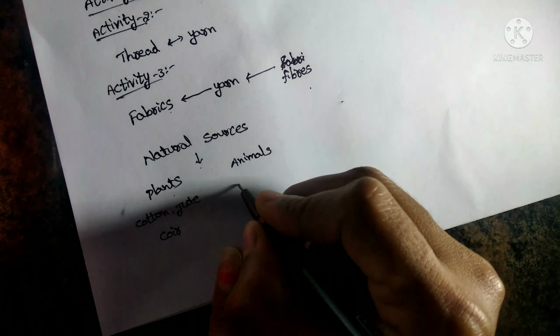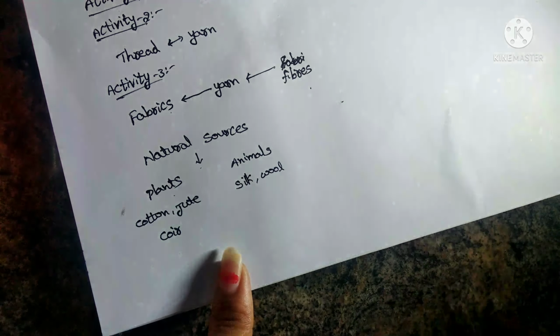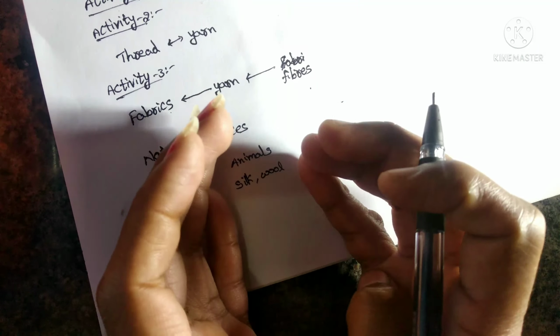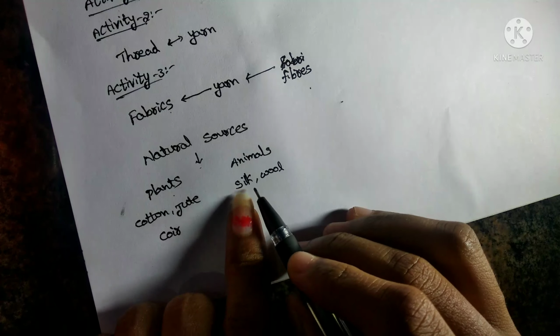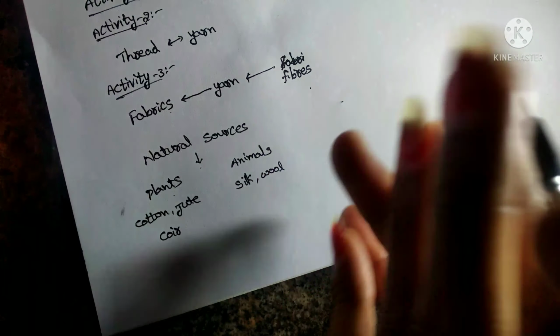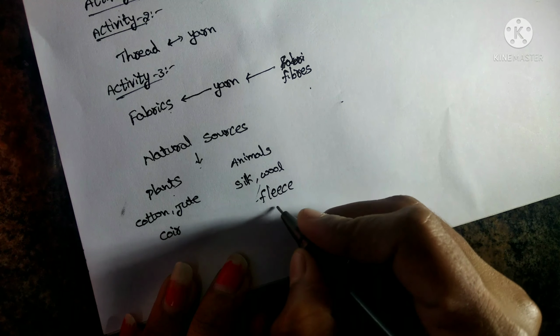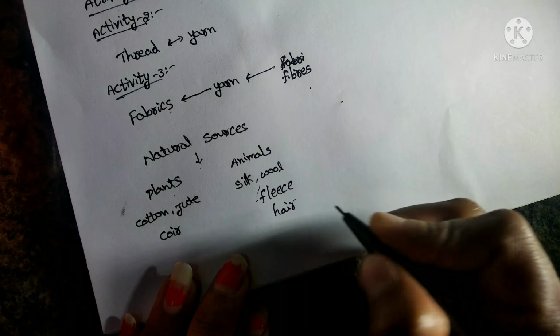Next, examples of animal fibers are silk and wool. These two we get from animals. Silk is obtained from the cocoon of the silkworm, and wool is obtained from the fleece of sheep or goat. Here fleece is nothing but hair. On your body you can find hair, right?